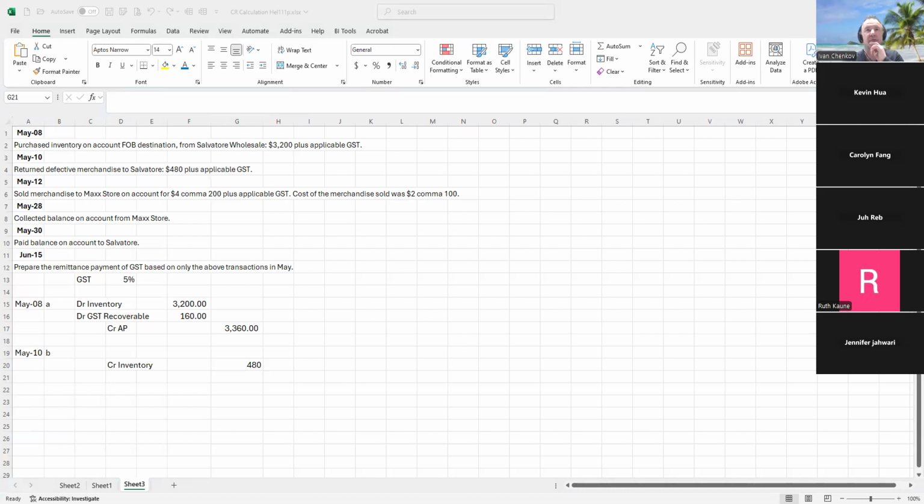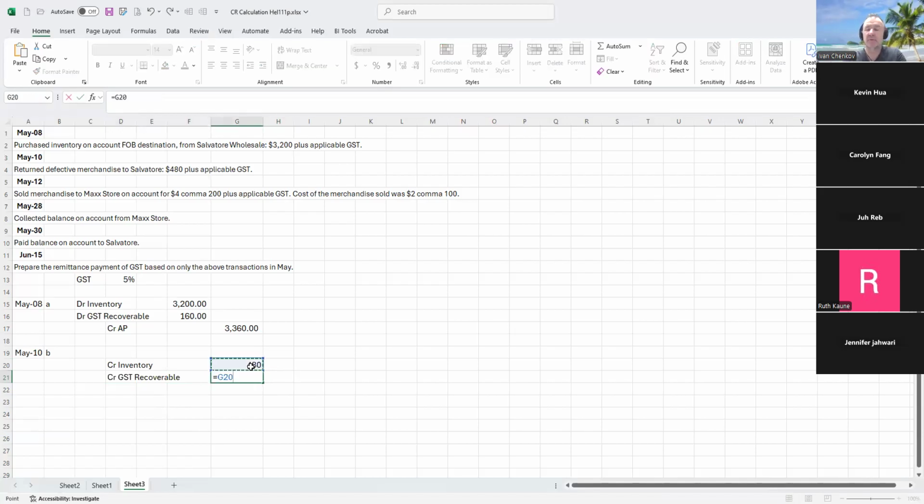Yes, let's go and credit the GST recoverable. How much? It will be a simple calculation between this amount times that 5%, right?